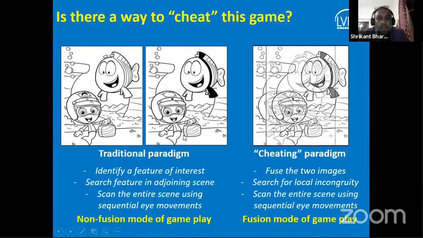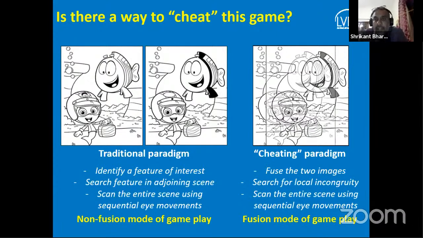The traditional way of playing is what we are going to call the non-fusion mode of gameplay. Now, the question is, are we any better at the fusion mode than the non-fusion mode? At an anecdotal level, I know that we are better at it, and I've heard a few people who do this also tell me that they are better at it, but we don't really have any evidence for it.